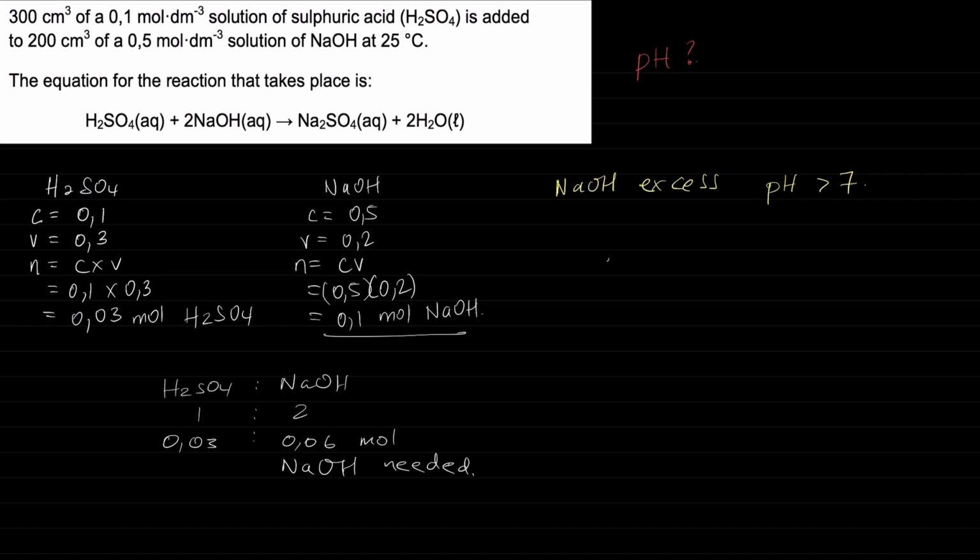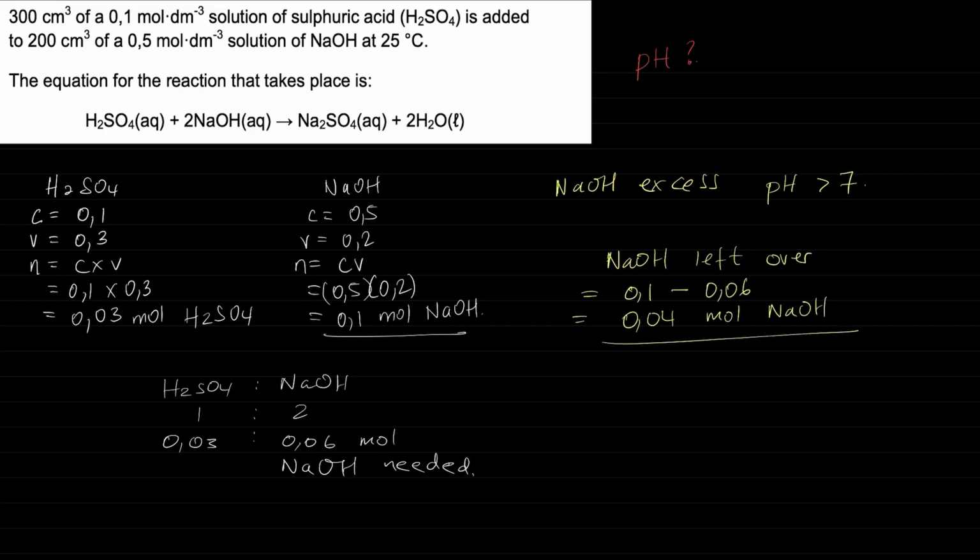So NaOH left over is going to be how much we have, 0.1, minus how much we need, 0.06. And so the amount of NaOH that's going to be left over is 0.04 moles of NaOH. Now, this is going to be what's going to be affecting our pH.